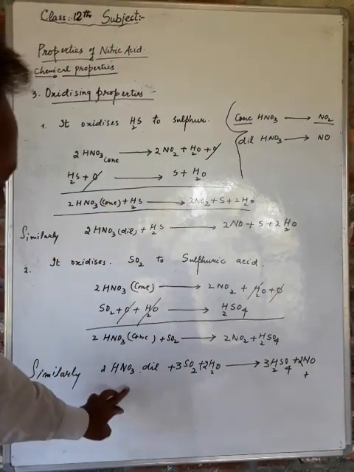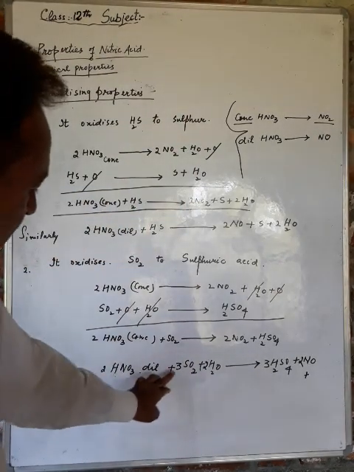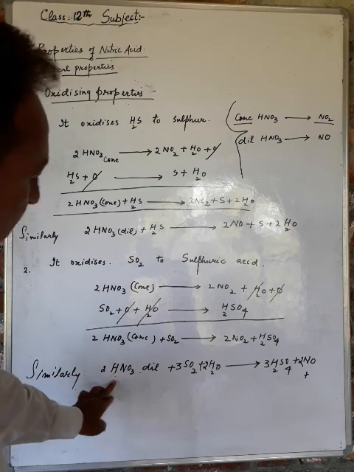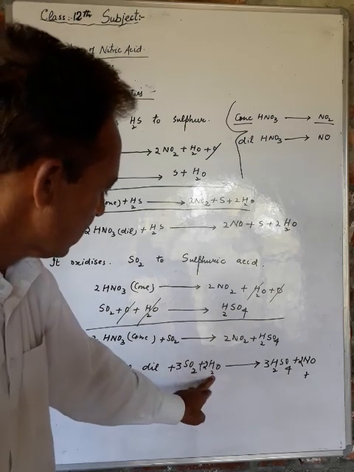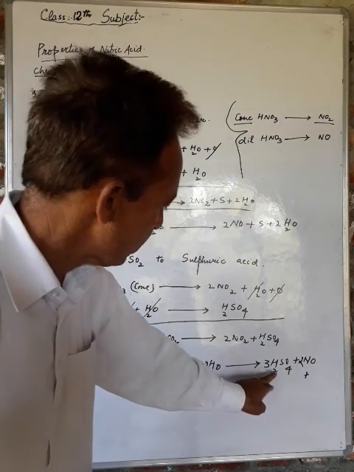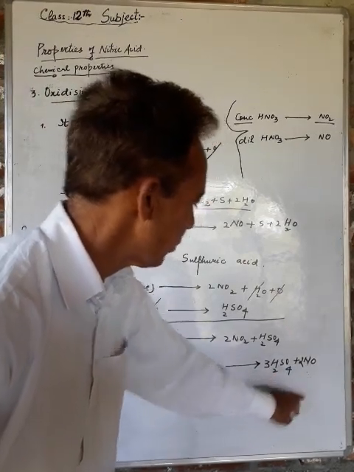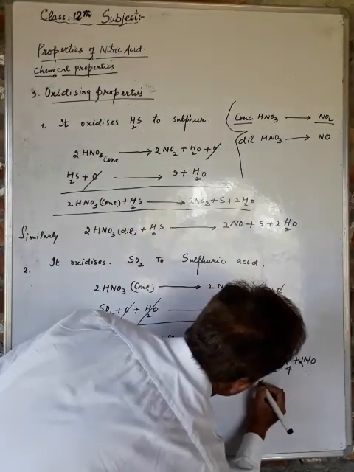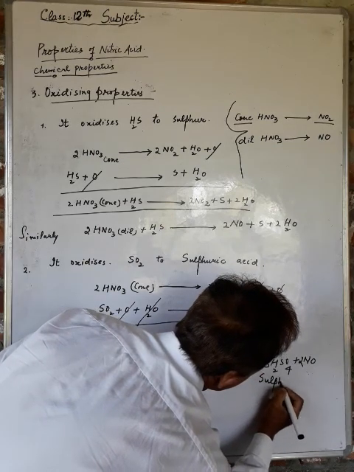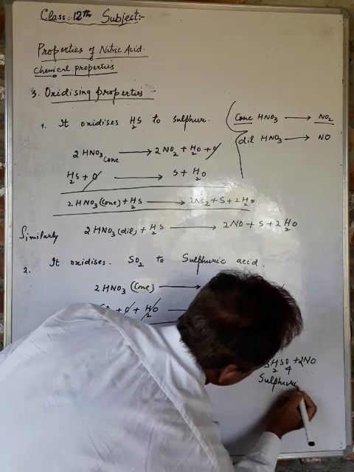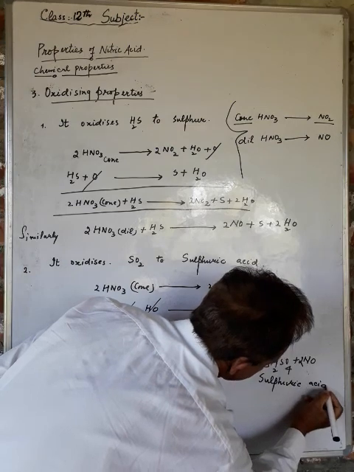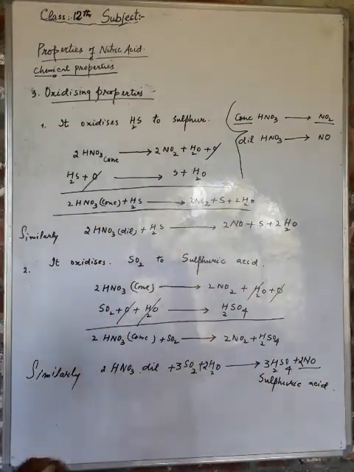Now we will see oxygen, 2 3s are 6, 3 2s are 6, 6 6 12, 13, 14. So this is sulfuric acid plus nitric oxide. And nitric oxide is formed.